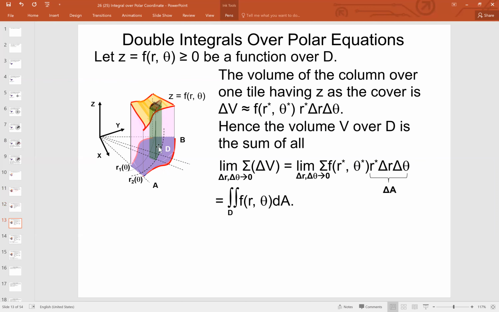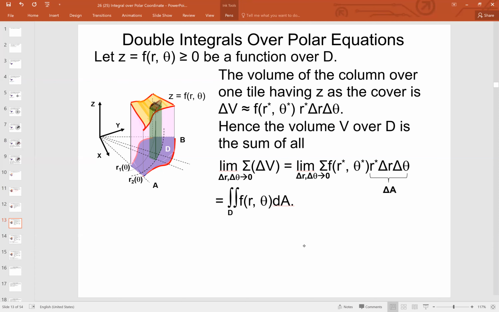And remember, this part is the base area, dA, times the height of the column, z, and that gives the volume. So that's the integral of the function over the area differential.